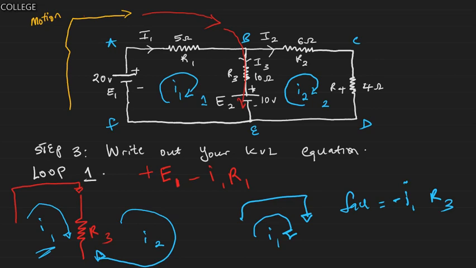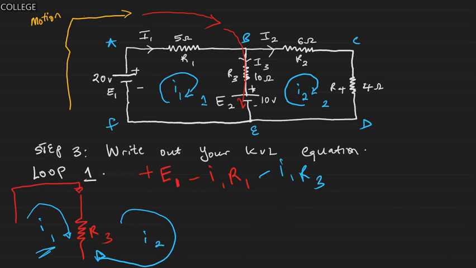On the other hand, considering the other mesh current acting on it, from loop 1 perspective, because we are analyzing resistor R3 from loop 1 perspective, the direction of motion is clockwise.